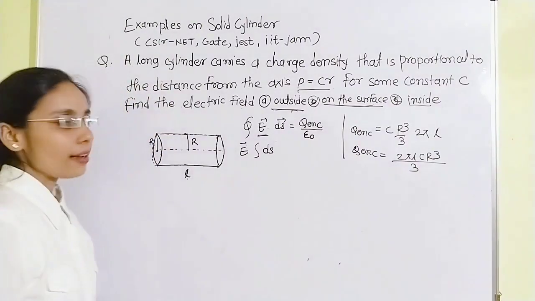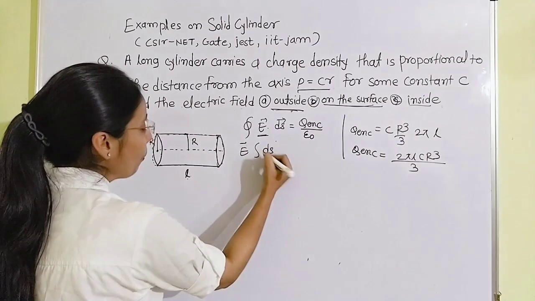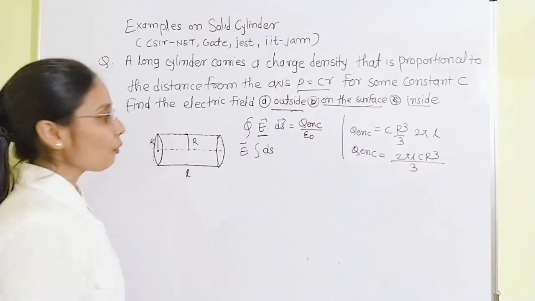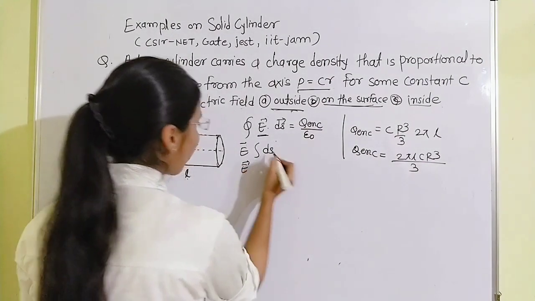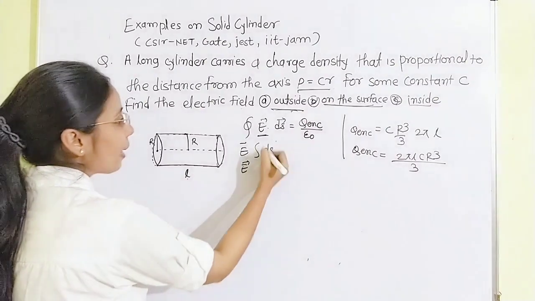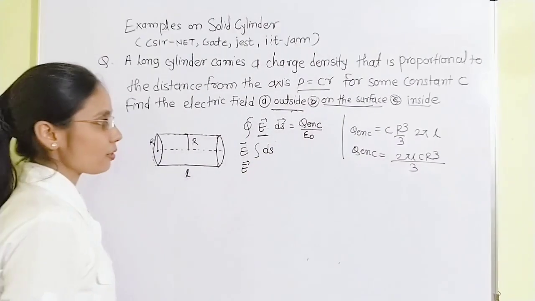This is the small area ds. When we integrate this small area, we will get the total area S, and S is the area of the Gaussian surface.